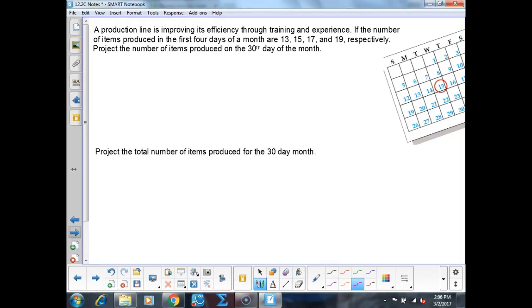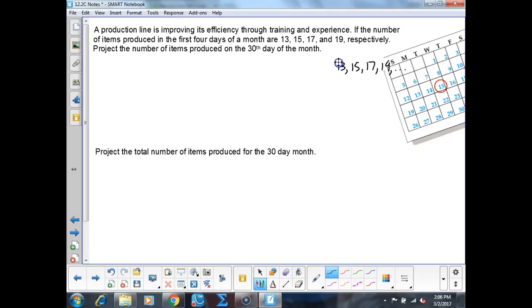A production line is improving its efficiency through training and experience. If the number of items produced in the first 4 days of a month are 13, 15, 17, and 19, respectively, project the number of items produced on the 30th day of that month. We started with 13, then 15, then 17, then 19, and so on.